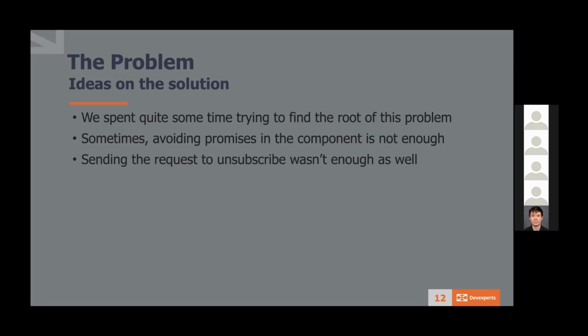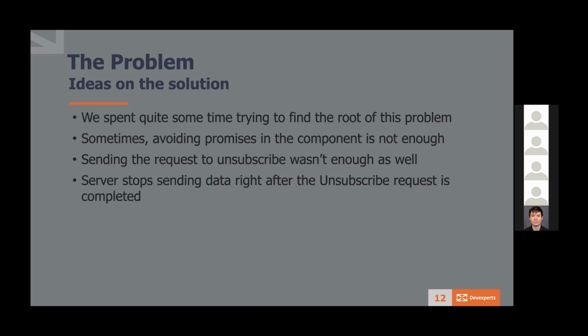Just sending the request to unsubscribe wasn't enough as well, because if you send unsubscribe and subscribe in the same order, it still will unsubscribe after the new one is subscribed. So the new one is subscribed, and then the unsubscription abrupts the flow.